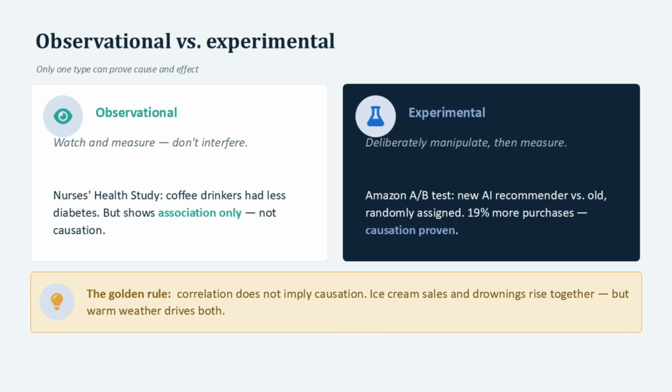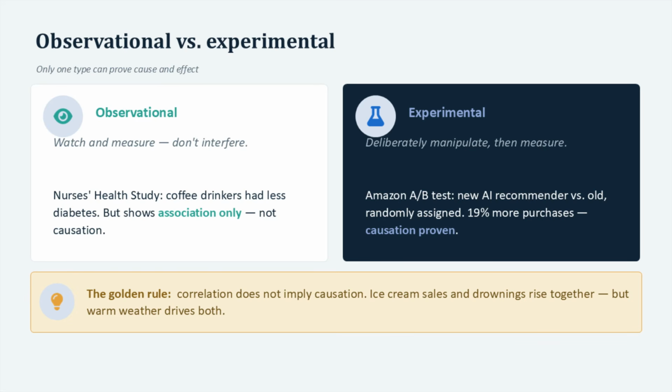Another group sees the old system, and as much as possible, everything else is kept the same. Suppose the new system produces 19% more purchases. Because the researchers randomly assigned the groups and controlled the treatment, they have much stronger evidence that the new system actually caused the increase.